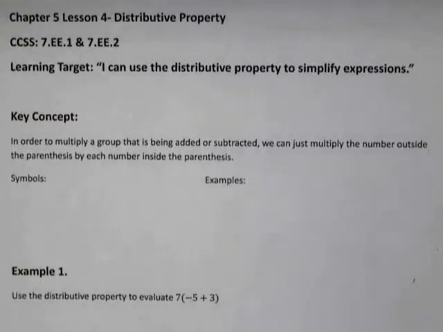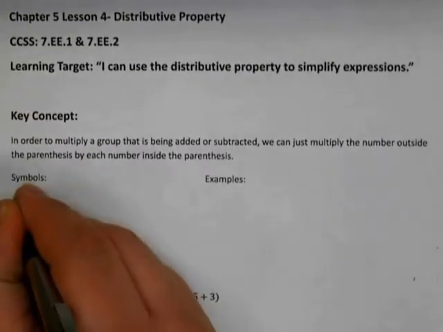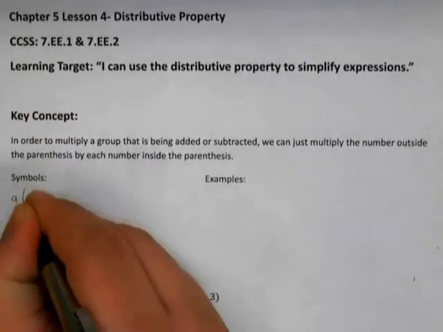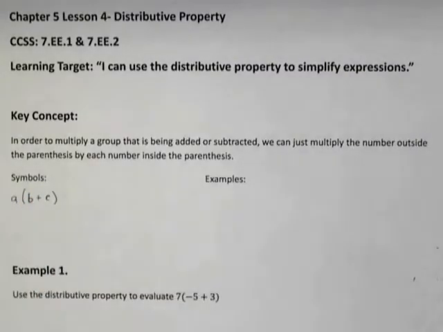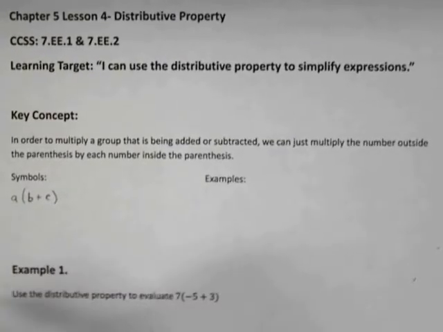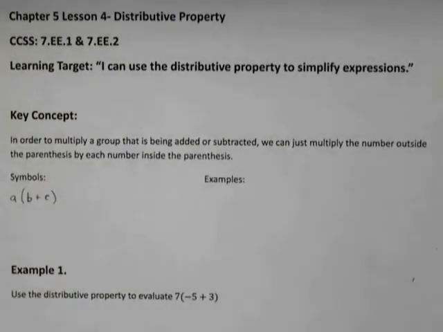And I know that doesn't necessarily make sense right away. We'll write it out and then we'll reread it, and I think it'll make more sense. So in symbols, if we had a number A multiplied by a group of B plus C, right? Now we know in order to solve these types of problems, what we have to do is add B plus C and then multiply by A based on the rules of PEMDAS.